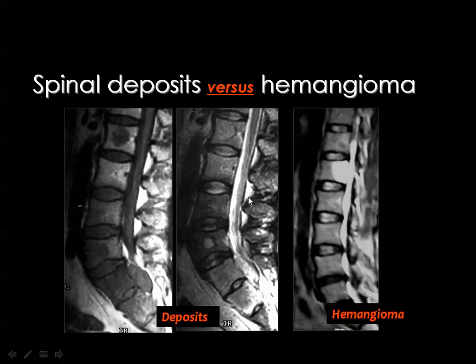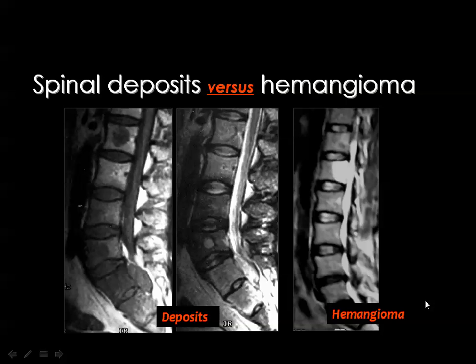And this is just an example to differentiate between the appearance of metastasis and hemangioma. Metastasis will appear of low signal in the T1, and it can show very faint increased signal in the T2 weighted images, as you can see here. But hemangioma will appear very bright in the T2 weighted images, almost reaching the signal intensity of the CSF sometimes.